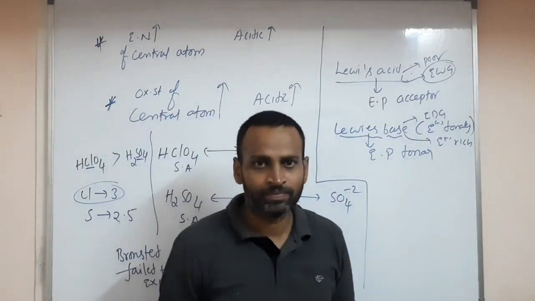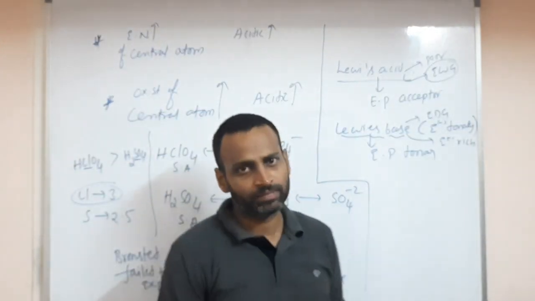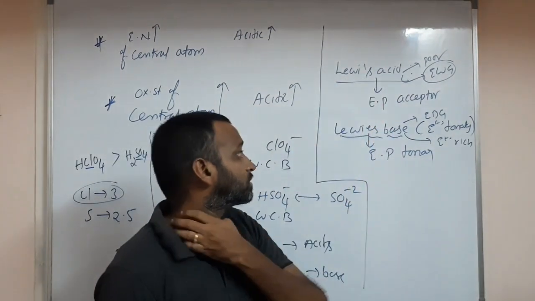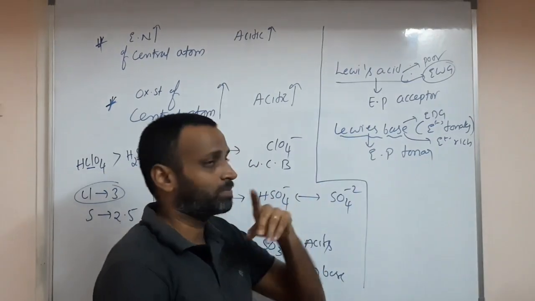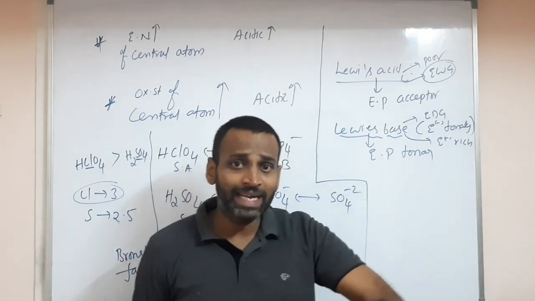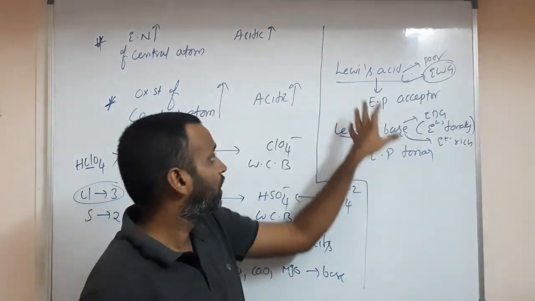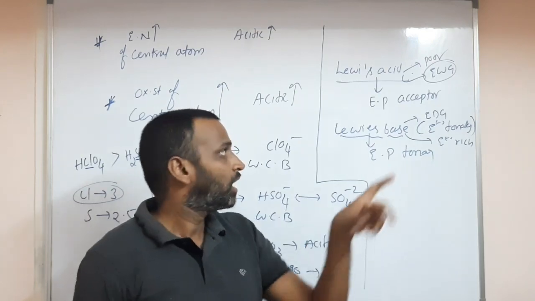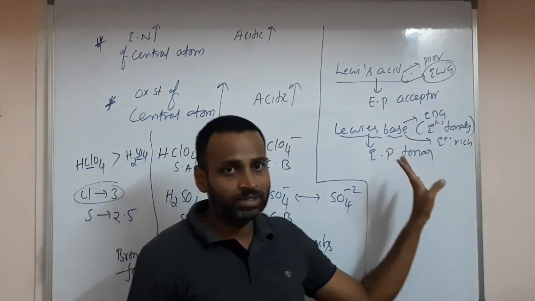Lewis acids. Lewis acids you already know, like electrophiles. Lewis bases are like nucleophiles, because nucleophiles are rich, they attract positive charge. I gave the list of Lewis acids and Lewis bases previously, so please go through it. I won't repeat.